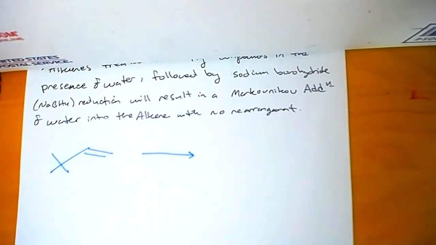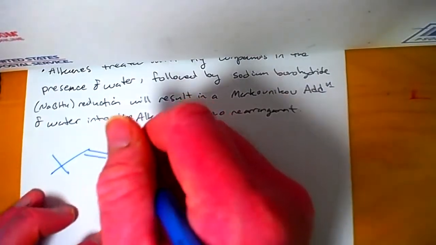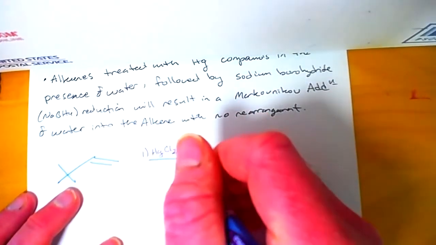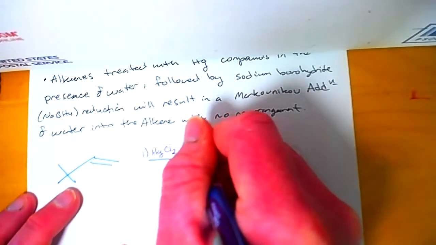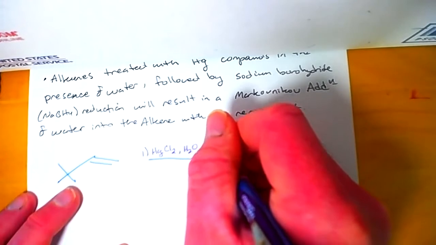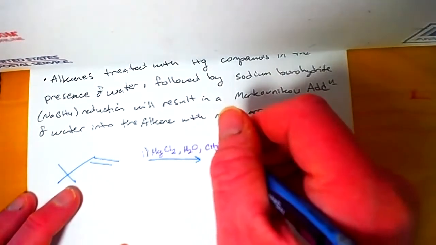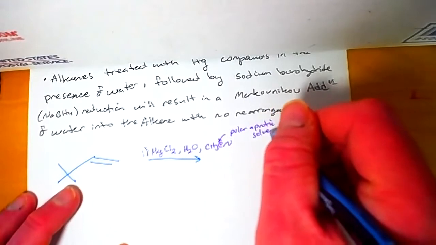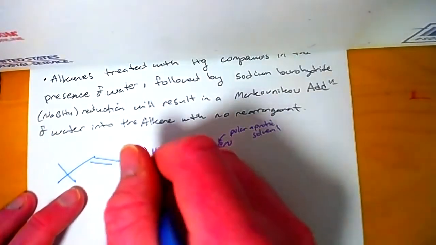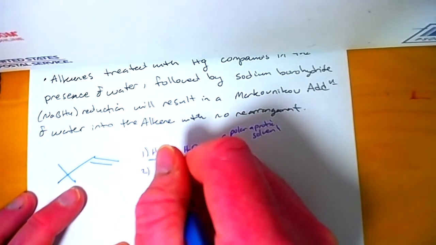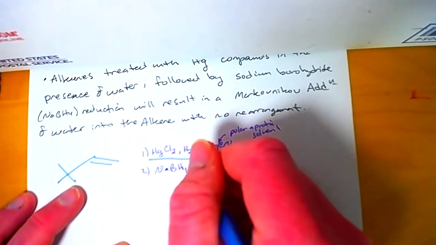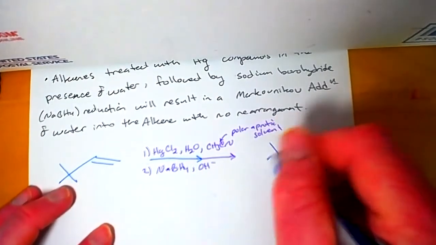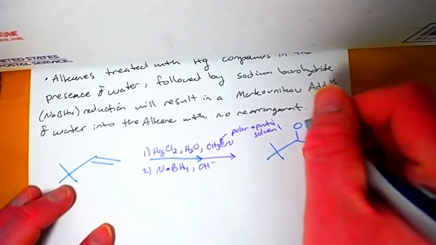Well, in this case, if you treat this alkene with some source of mercury(II), I'm going to use mercuric chloride, in the presence of water, and typically these are run in a polar aprotic solvent just to help with solubility, this is acetonitrile, and then followed by sodium borohydride reduction in the presence of hydroxide, that will lead to the formation of our desired alcohol.